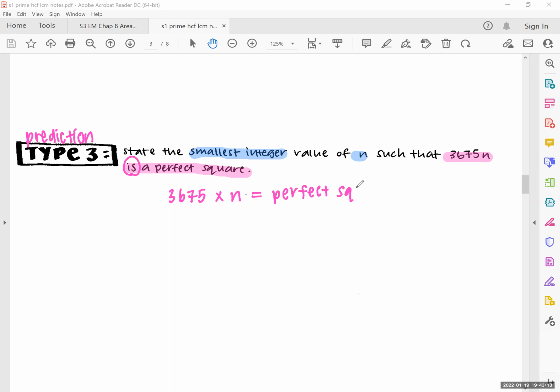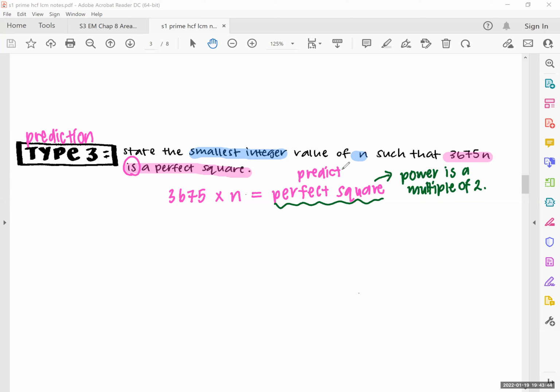Now, what is the background knowledge of perfect square? Basically, you need to understand that perfect square means that the power is a multiple of 2. And this part right here is where your prediction is going to be.